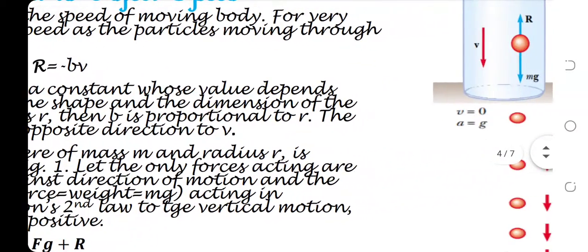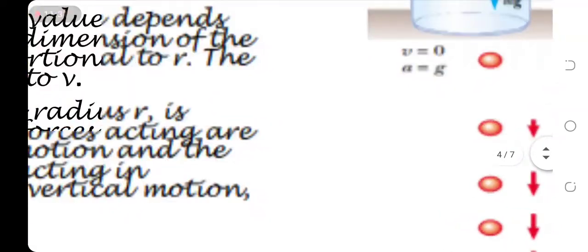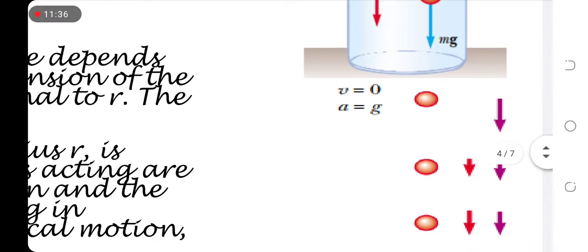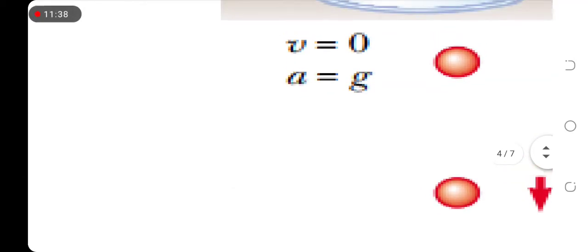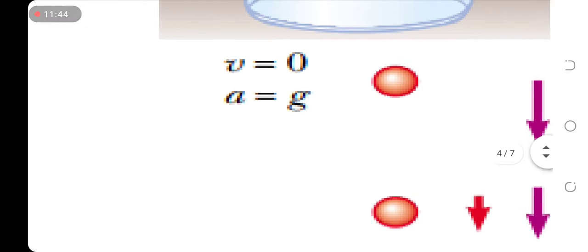We can see from the figure the ball, the sphere, when it is just released: its velocity is 0 and a is equal to g, that is, the acceleration is maximum.